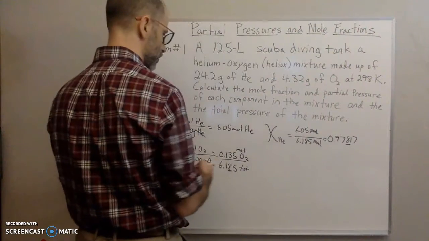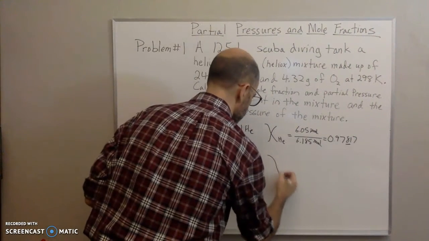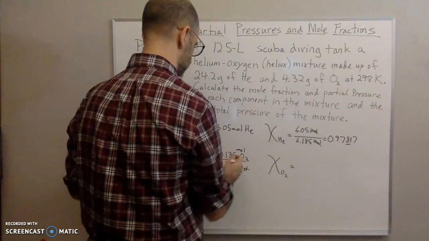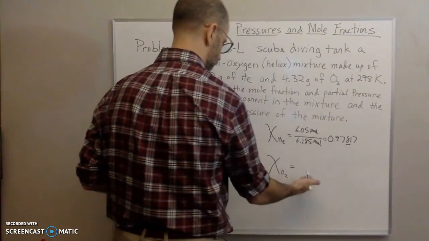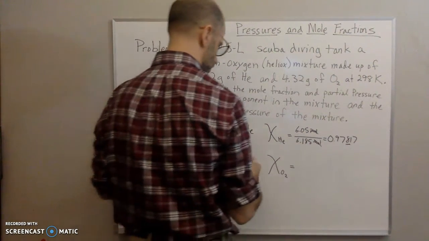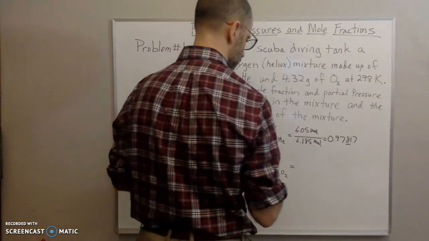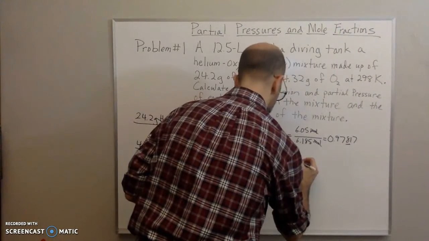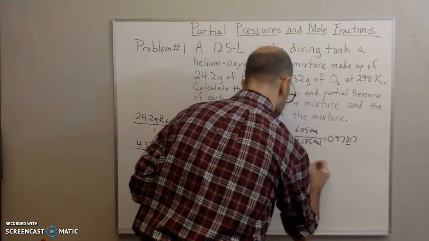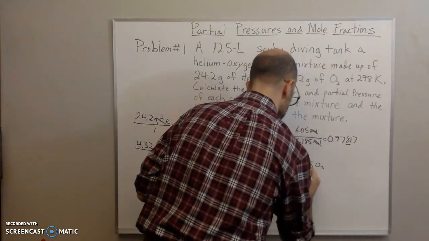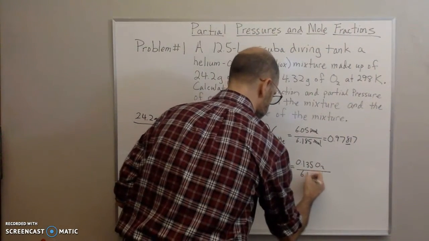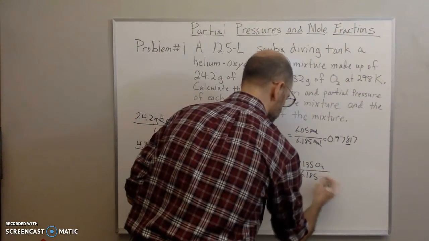And then I do the same thing for the oxygen. Again, I can either subtract from 1 to get it, or I can do the mole fraction. So let's do the mole fraction here. I have 0.135 moles of oxygen divided by the total, 6.185.